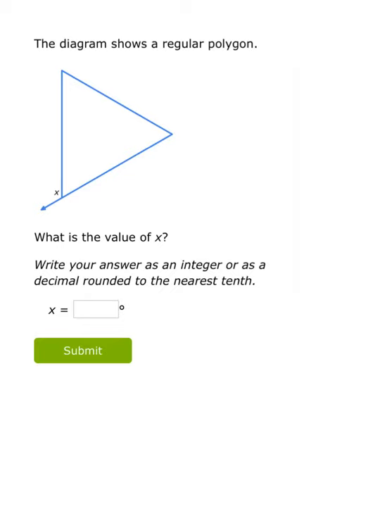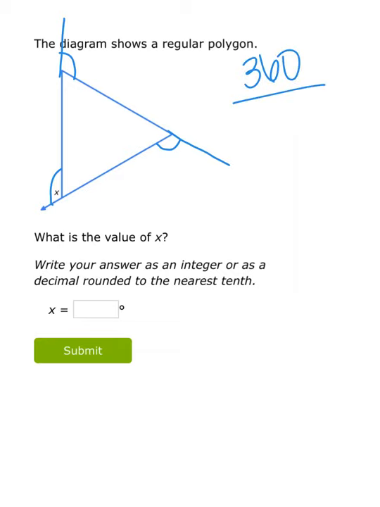Okay, so this question does not want the sum. It actually wants the measure of one exterior angle, which is labeled by x. So I know that if all three of these have to add up to 360, let me go ahead and draw the exterior angles on here. I'll just extend them in blue. So all three of these angles have to add up to 360.